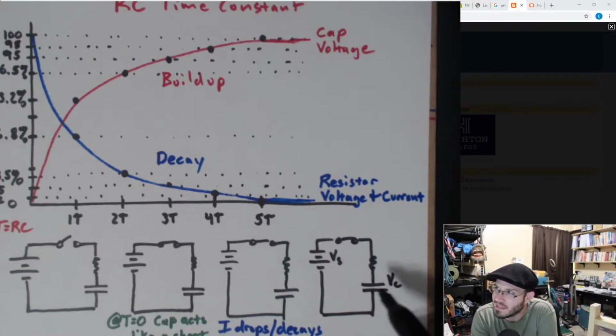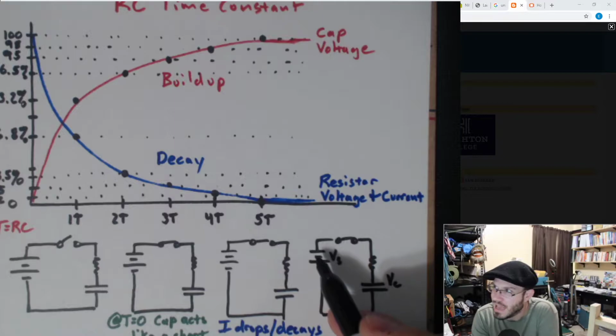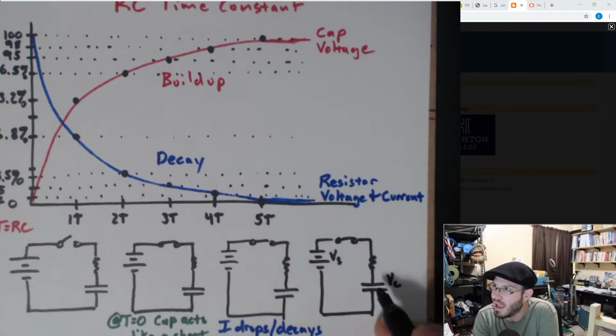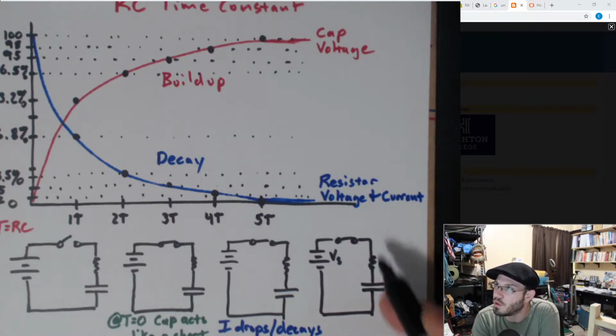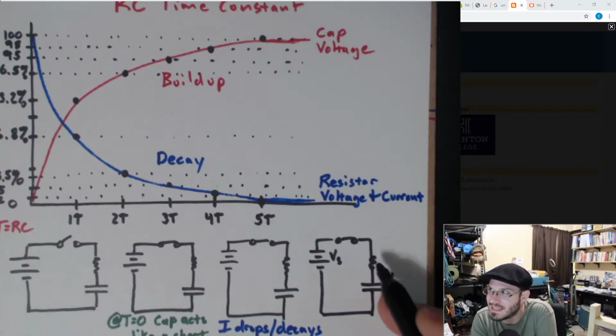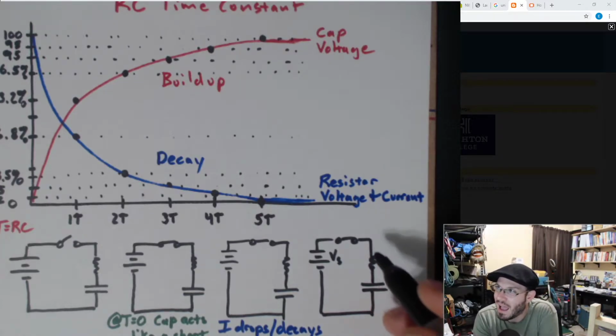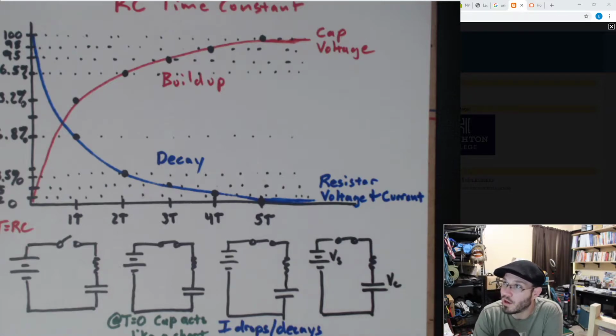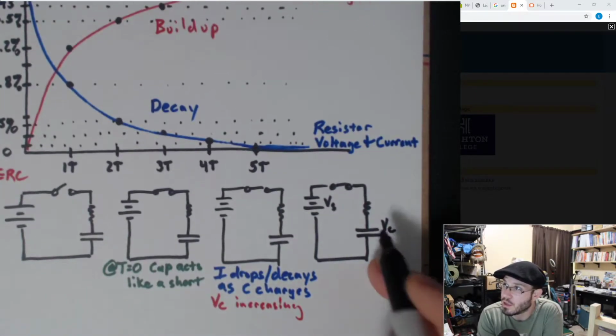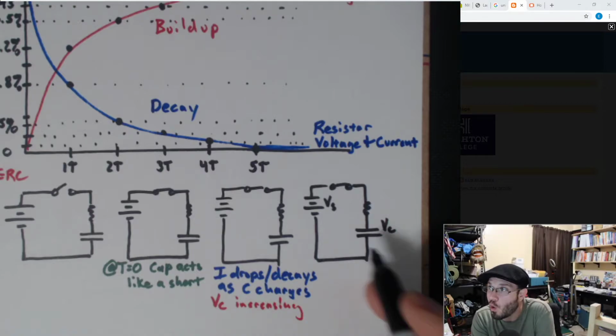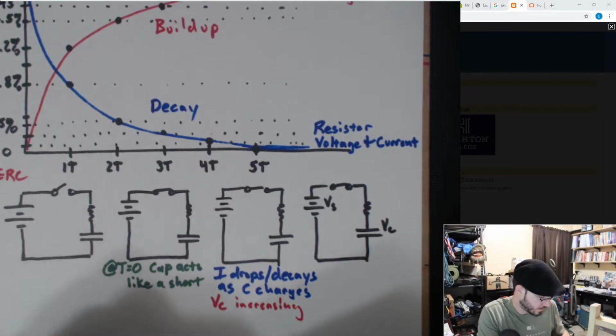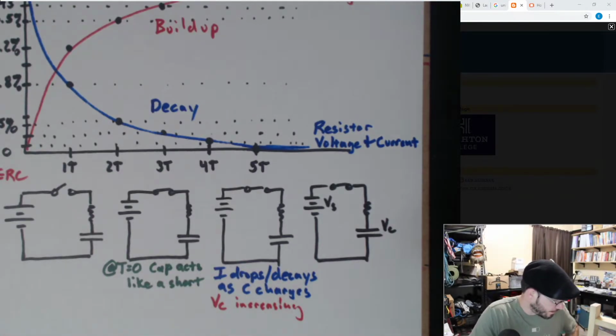At that point, let's just say if I have 10 volts here and I have 10 volts here, well, what's my voltage drop across the resistor? It's 0. And so I will get 0 current flowing through this. So this cap is going to behave like an open circuit at that point.